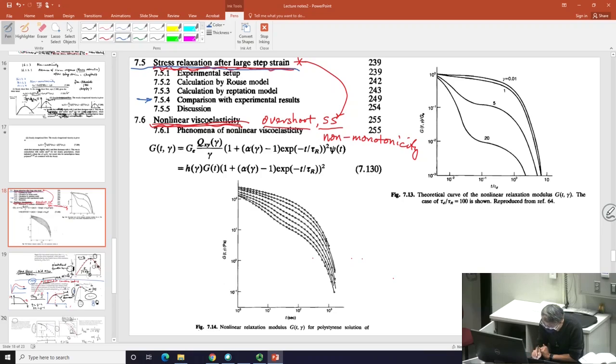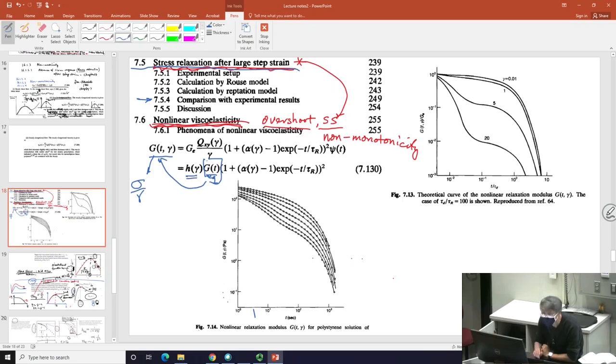And this is the model expression. Look how familiar it is. Remember, this is just a relaxation modulus, which is stress over the strain. This is the equilibrium modulus. So you move this aside.